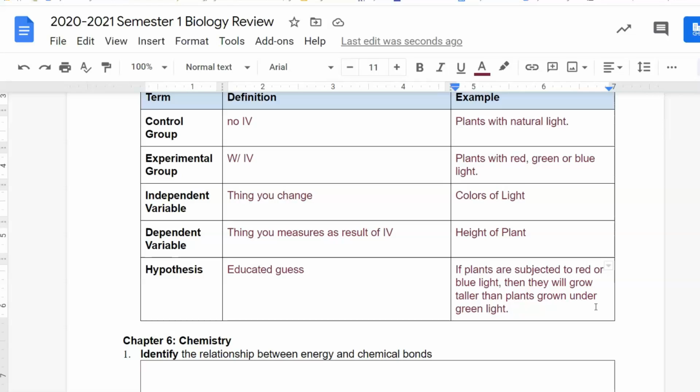What would be the dependent variable? What is the hypothesis the scientist is trying to test? That sort of thing. So the hypothesis usually is stated if independent variable, then dependent variable. So if grown under color, then grows better.